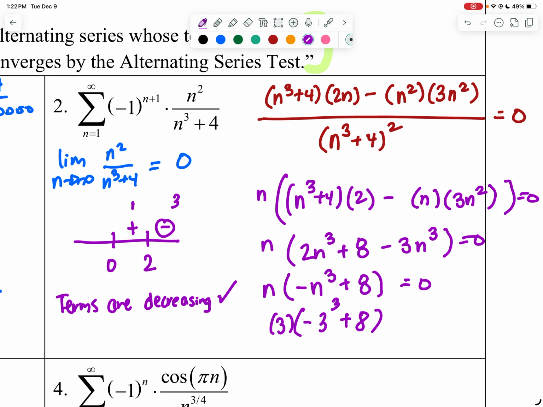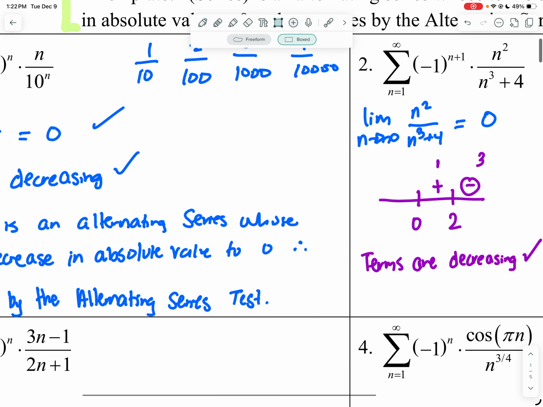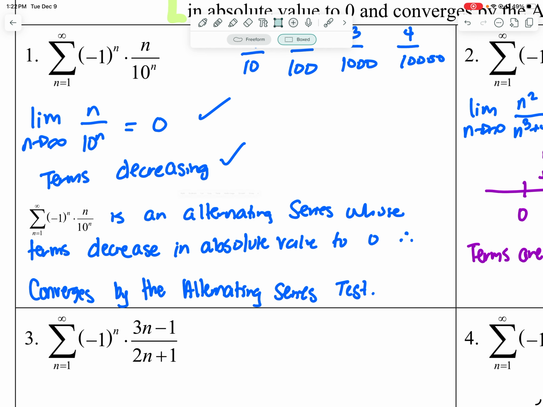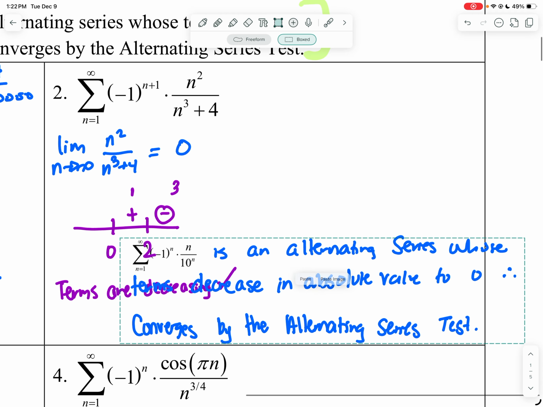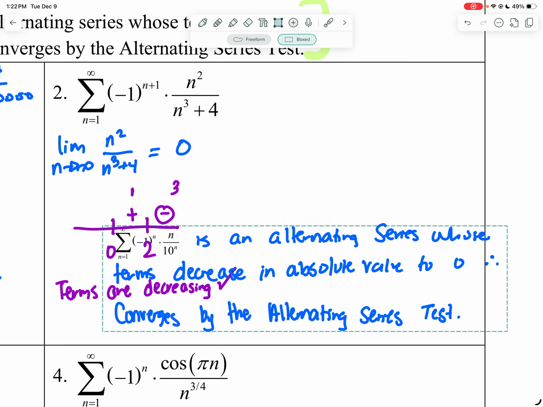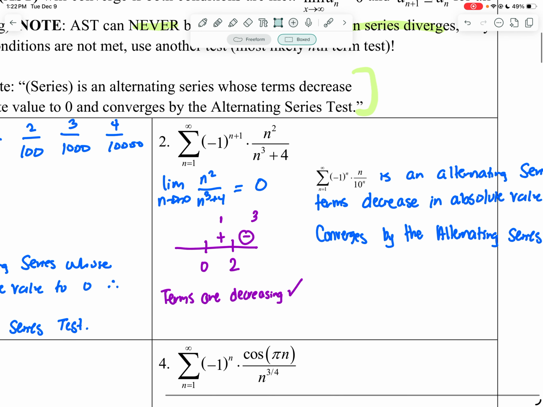Because my limit of n squared over n cubed plus 4 is equal to 0 and my terms are decreasing, then we can go ahead and write our little statement that I'm just going to copy from number 1, and write that down here somewhere. Of course, you probably don't have space from the fact that we did all of the other stuff.